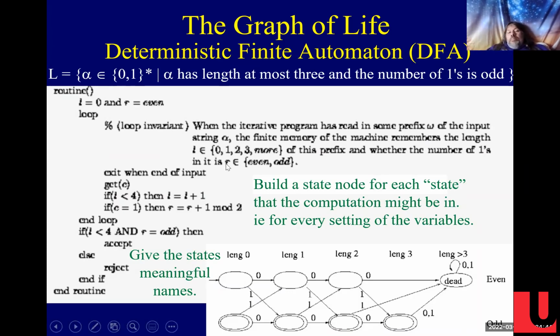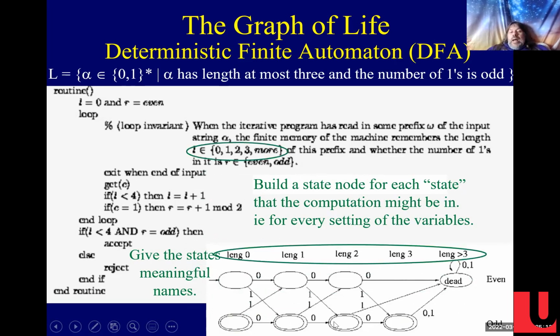I know whether the number of ones read so far is even or odd. So you can think, what do I know at the top of the loop? And we can have a state for each of the things that you might know. Like if you're in this state here, then you know that the string so far is of length 2, and you know that the number of ones is even, versus here you know it's odd.